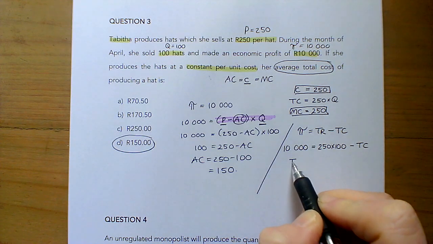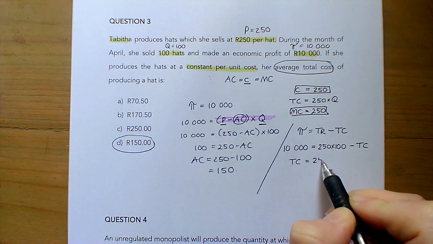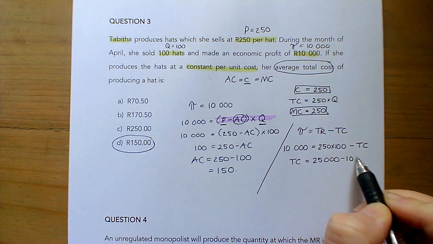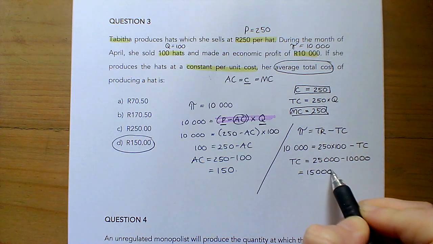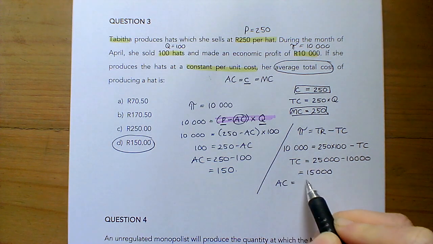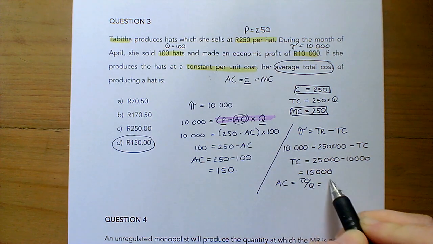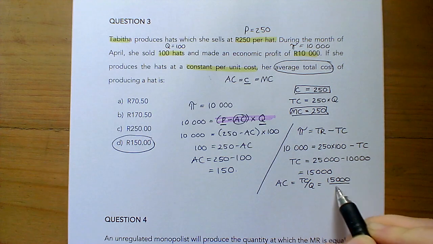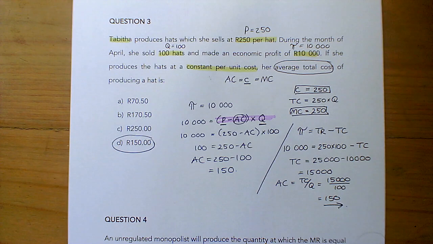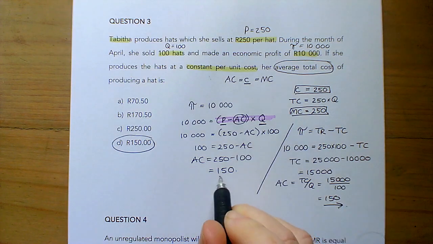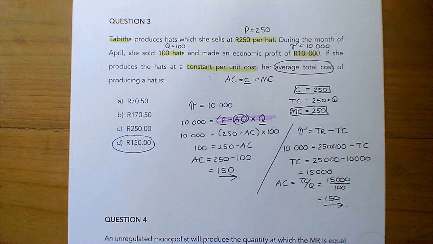And then I would have found that total cost is equal to 25,000 minus 10,000. So total cost is 15,000. Average cost would then be total cost over Q. And so it would be 15,000 over 100, which would give me the same answer, 150. So these two methods would give you an identical answer of 150.